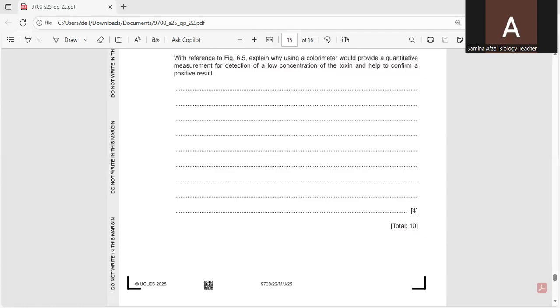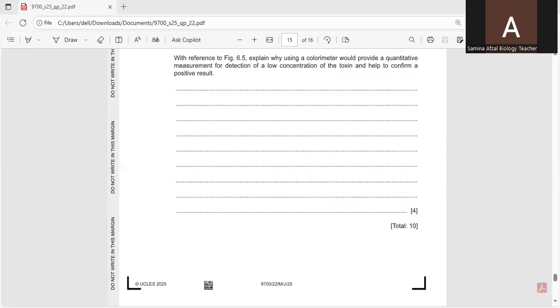First of all, I would want to explain how the colorimeter has an advantage for low toxin concentration. The key advantage of using a colorimeter is its ability to provide an objective and quantitative measurement, especially when the color change is faint due to low toxin levels.